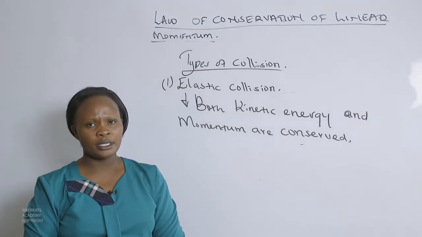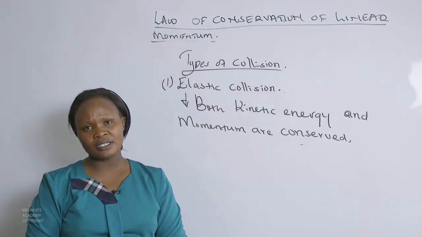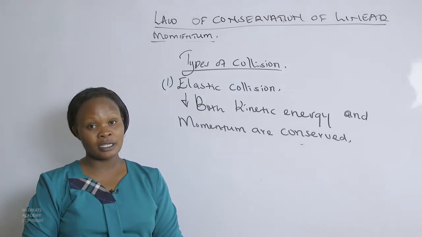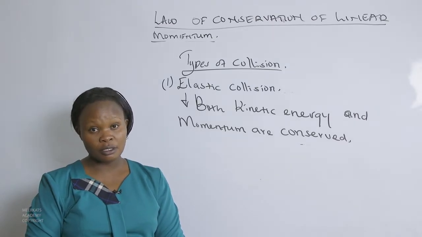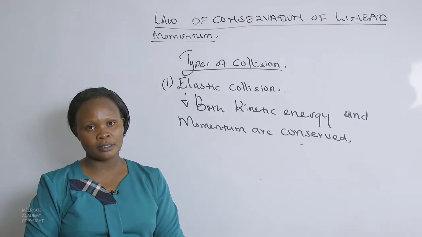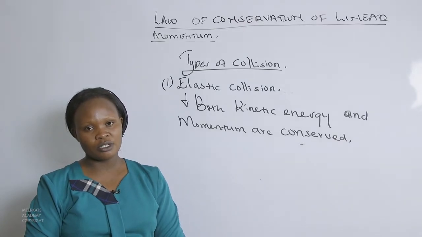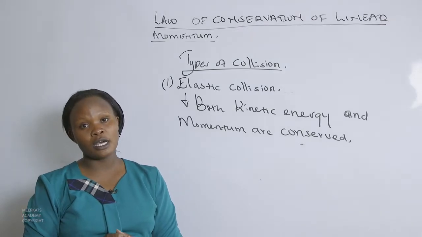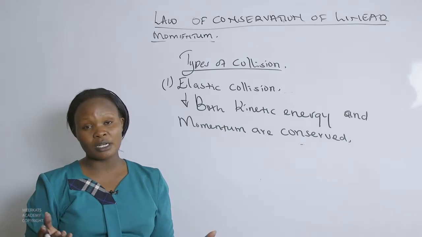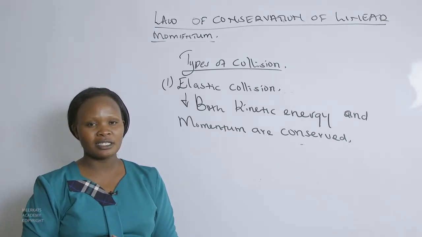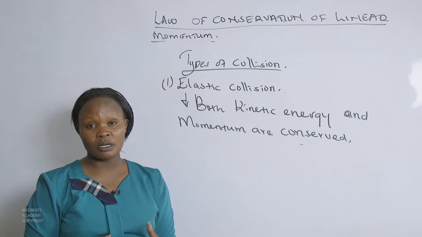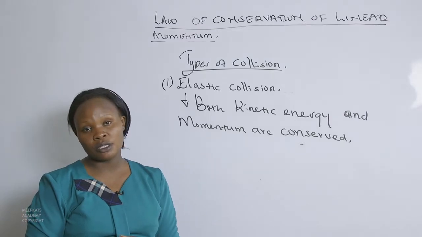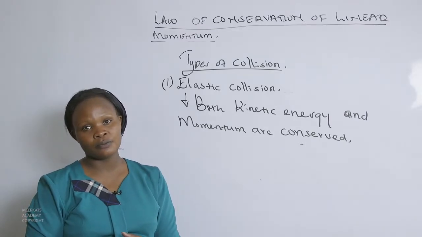What do we mean? We have looked at 3 results that can come about when a collision takes place. One of them we said that bodies could fuse and move together as a unit. The other one we said they could separate and move in different directions, or even they could separate and move in the same direction.